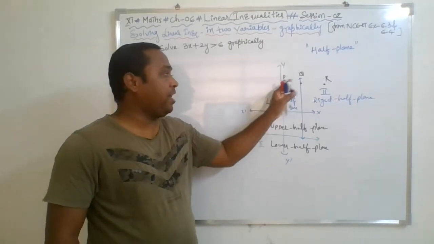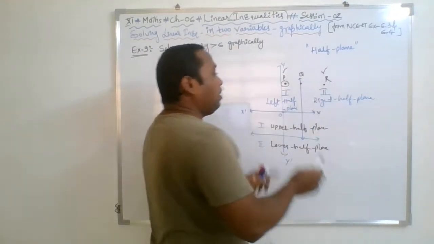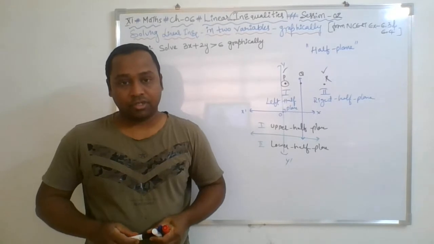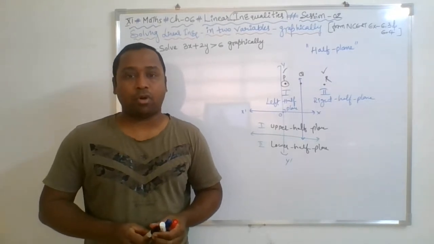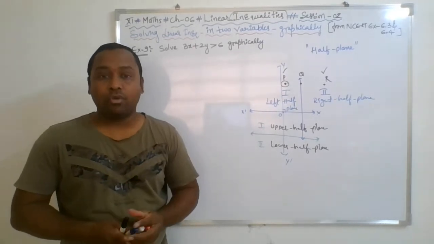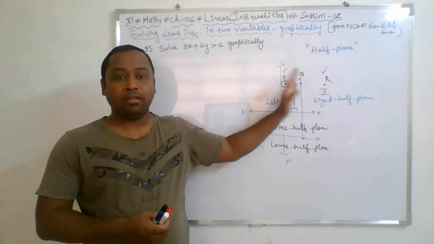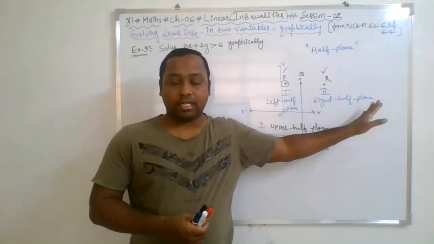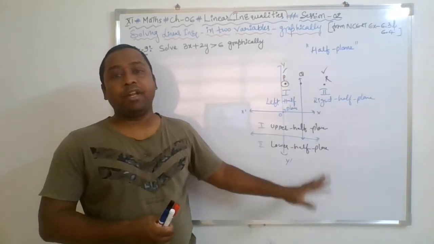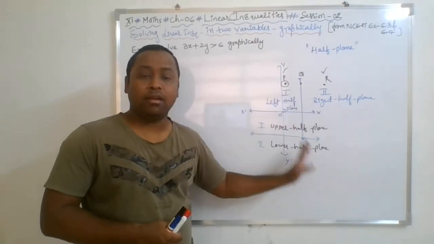So any one of the points, either P or R, will be part of the solution region. So whenever you are plotting a linear inequality graphically, the solution region will be one half plane only, either the left or the right, either the upper or the lower. So that we need to decide after plotting the line.